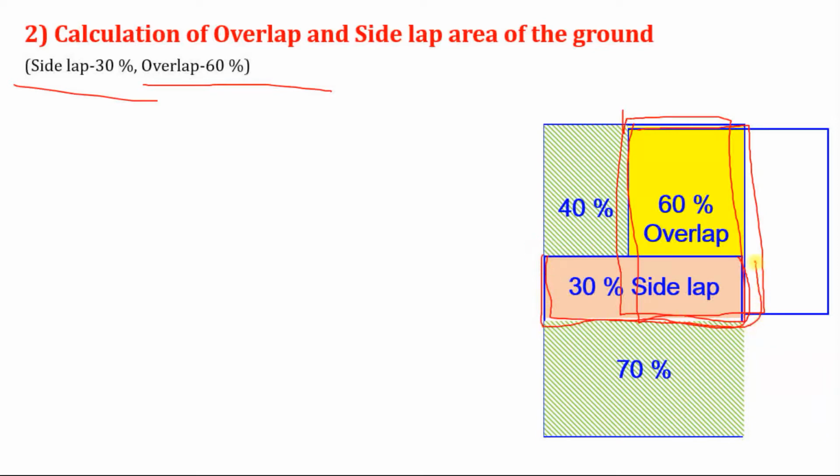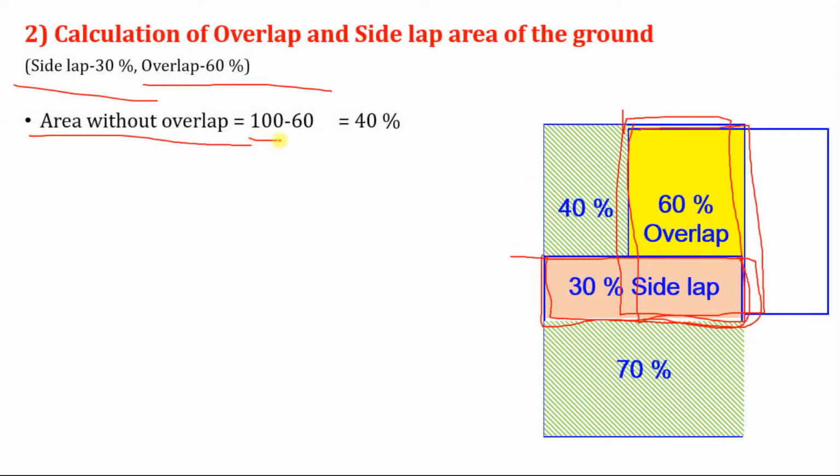Area without overlap is equal to 100 minus 60, because 60% is overlap, which is equal to 40%. This means we calculate only 40% area.